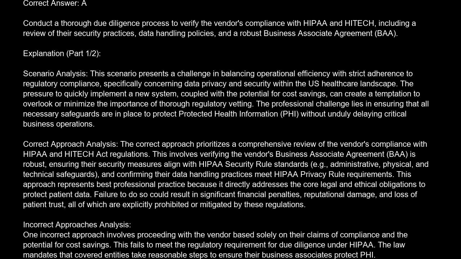This approach represents best professional practice because it directly addresses the core legal and ethical obligations to protect patient data. Failure to do so could result in significant financial penalties, reputational damage, and loss of patient trust, all of which are explicitly prohibited or mitigated by these regulations.